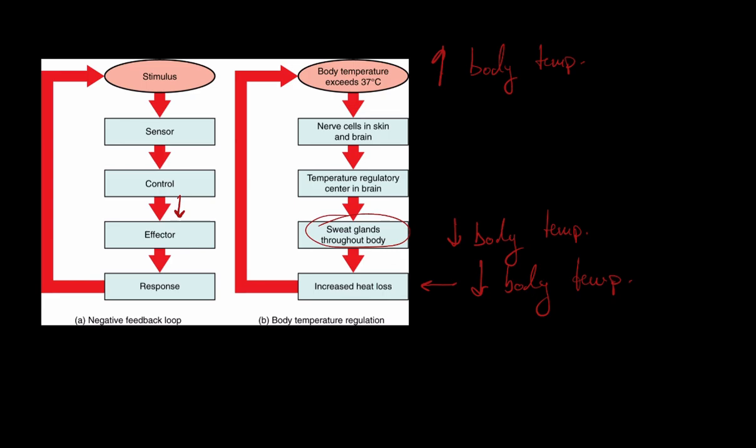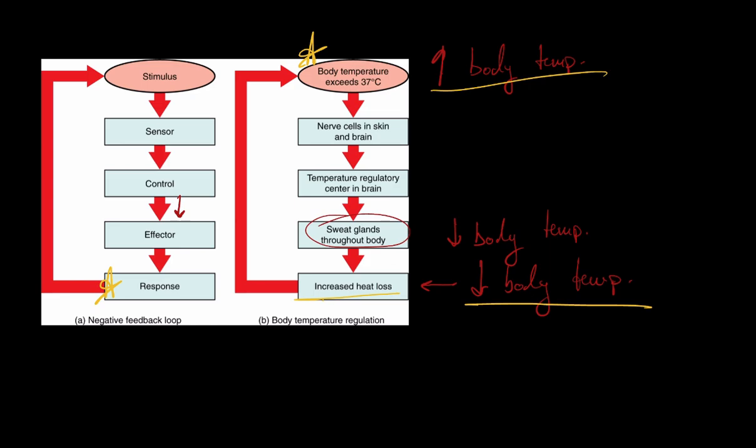Our response here is always going to be the opposite of our initial stimulus, right? So in this case, increased heat loss, so decreased body temperature, that's the opposite of what our initial stimulus was, which was increased body temperature. Okay, so there's always going to be the opposite effect, if you will, whenever you're talking about negative feedback.